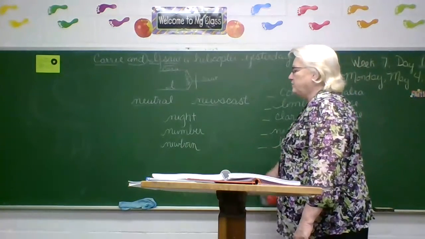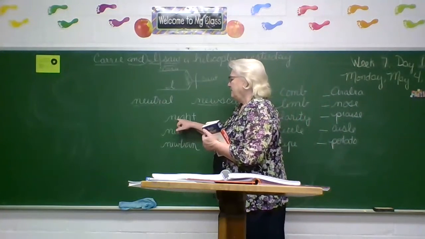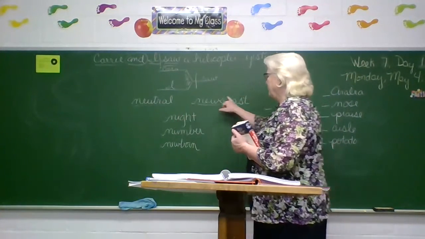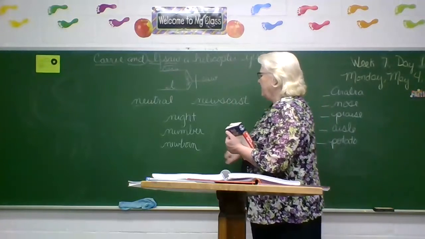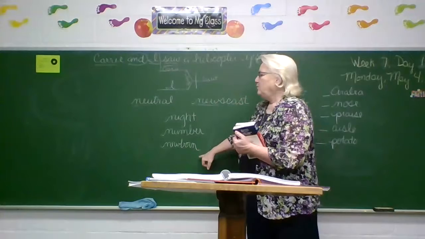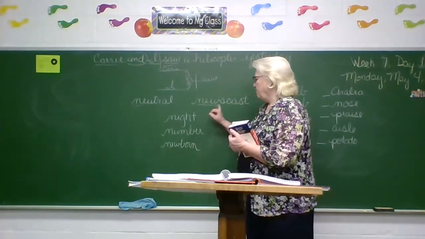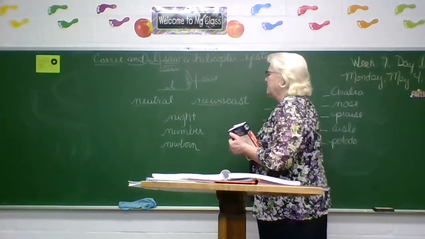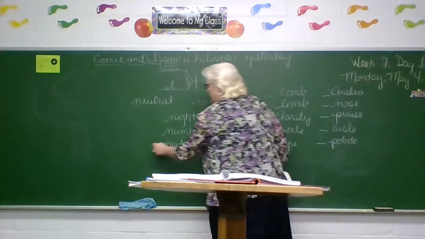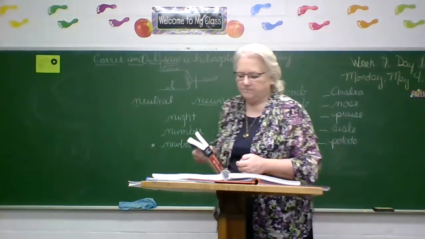Can you figure out which one it would be? Would this night, N-I? No, I comes after N-E. It'd be over here. How about N-U, number? Nope. What about newborn? Yes, N-E-W, B. And B comes before S. So it would fall between these 2 words, newborn.